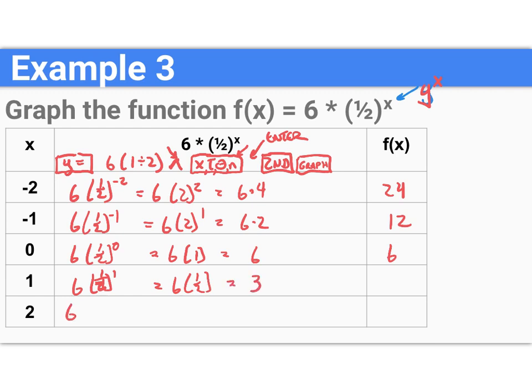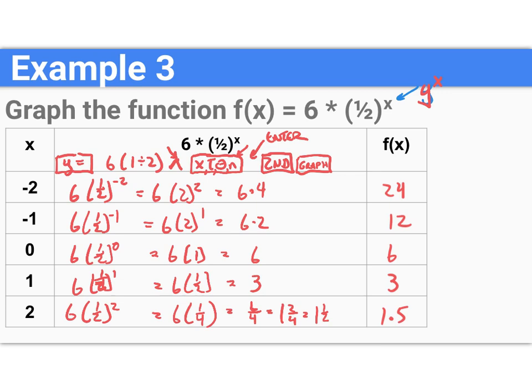Then you got 6 times 1/2 squared, which equals 6 times 1/4, which equals 6/4, which equals 1 2/4, which is 1 1/2, which is 1.5. All right, so according to order of operations, exponents go before multiplication. So be careful and make sure you get the right answers if you calculate it by hand.